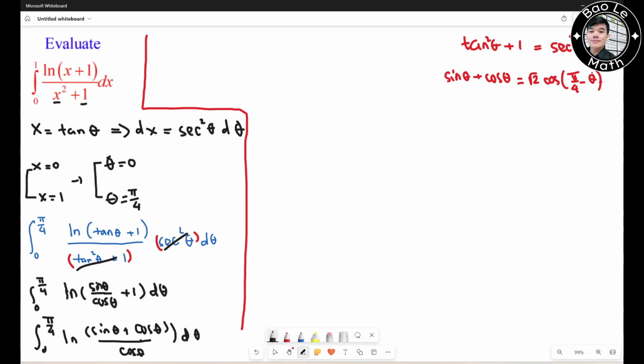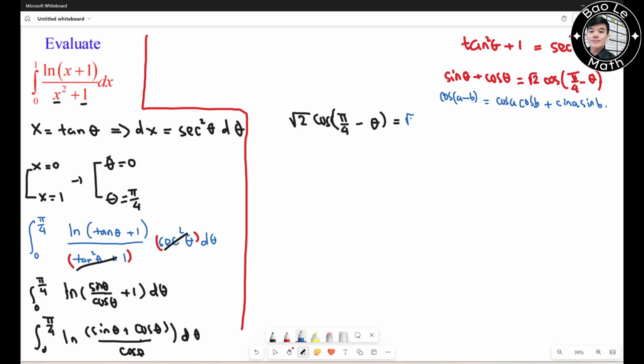We have root 2 cosine of (pi over 4 minus theta). We're going to apply the formula: cosine of (a minus b) is cosine a cosine b plus sine a sine b.